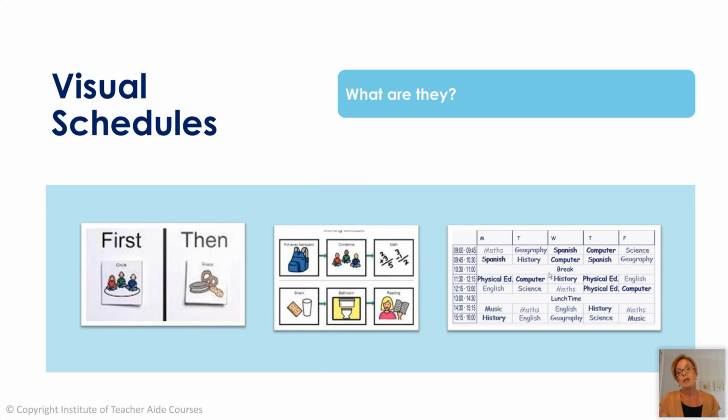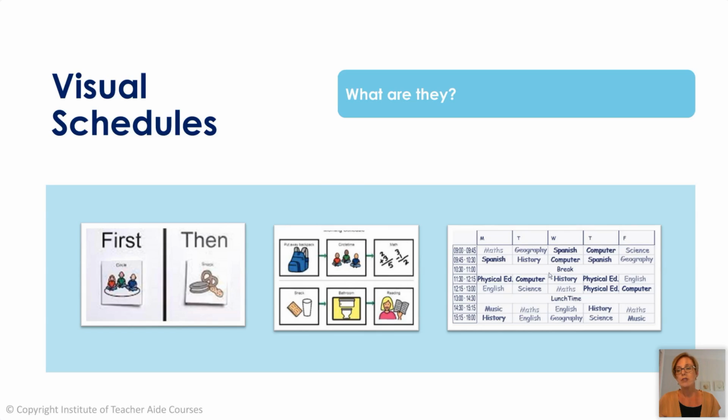So they can be a few different things depending on the cognitive capacity of the student. You can see here we've got a few different samples on the screen. What is going on? So it's first and next, or first and then.